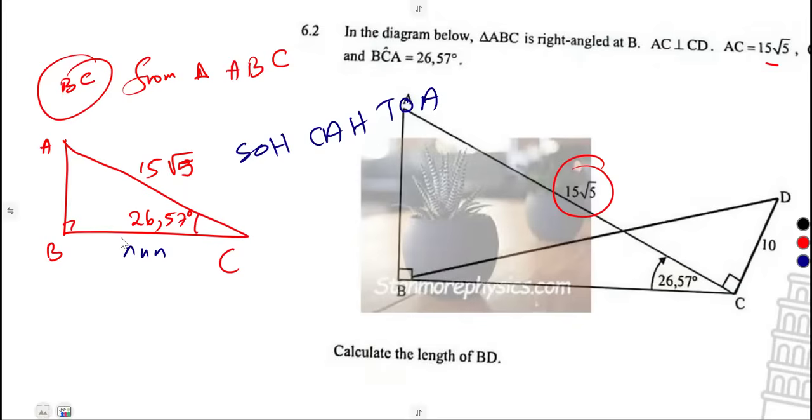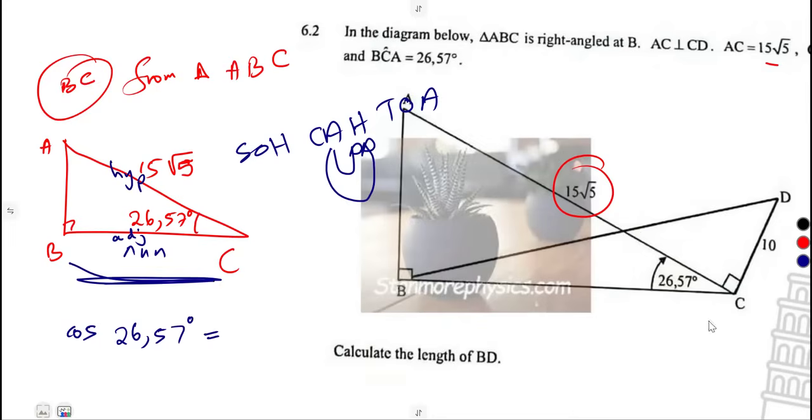BC represents adjacent and we are given the hypotenuse. So adjacent over hypotenuse is cos. So the cos of 26.57 degrees is equal to adjacent over hypotenuse. Your adjacent is BC over the hypotenuse, which is 15 square root of 5.